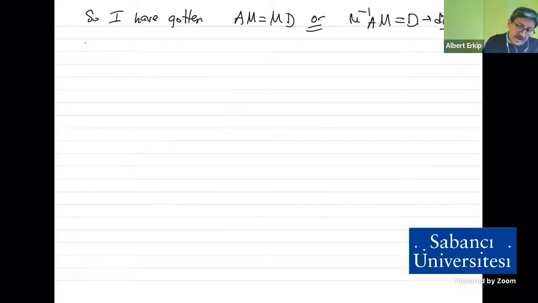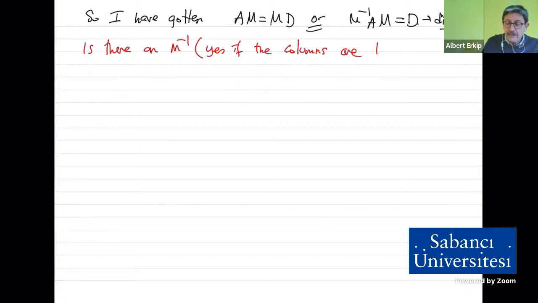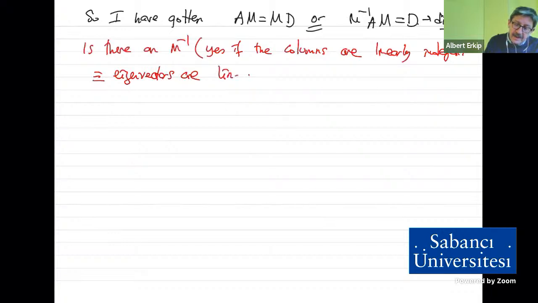Now the question is, is there an M inverse? And the answer, again from linear algebra, is yes if the columns are linearly independent. That is the same as the eigenvectors being linearly independent.